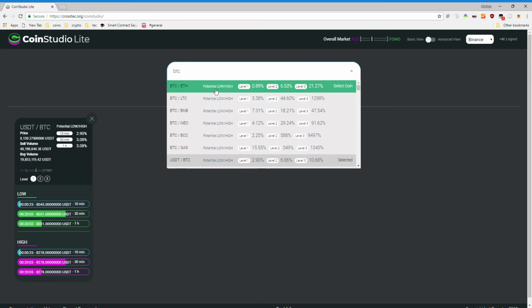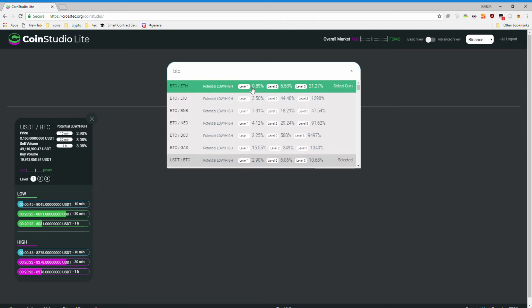In this case, for the BTC ETH pair, it would be less than 1%. On level 2, it would be 6.53% and 21.27%. What level actually means will occur very often.